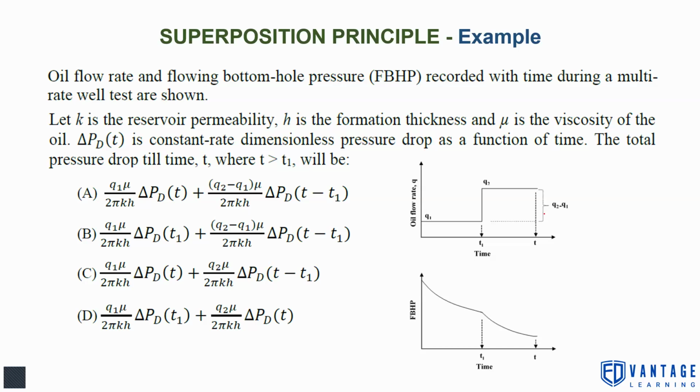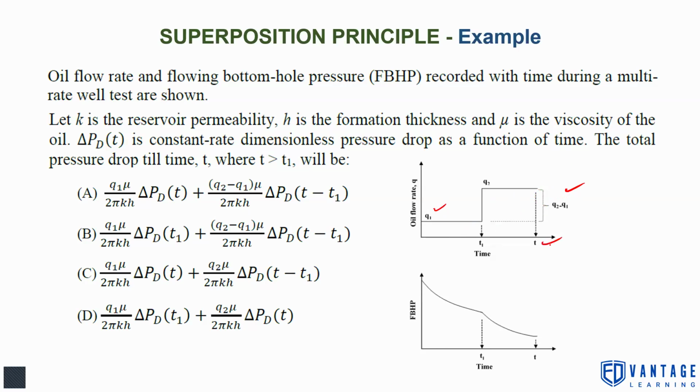As we have seen in the superposition principle, at Q equal to Q1, the well is flowing at a constant rate, but at Q2, the well has changed its flow characteristics. So Q2 minus Q1 would be the new flow rate of the well. Just tell me what will be the option for total pressure drop in this well until time t.